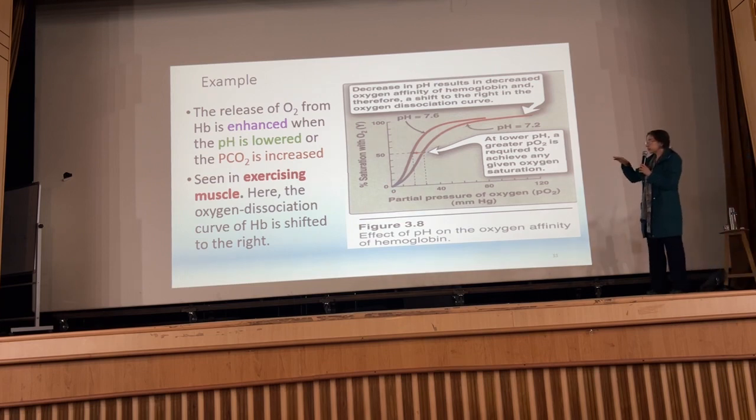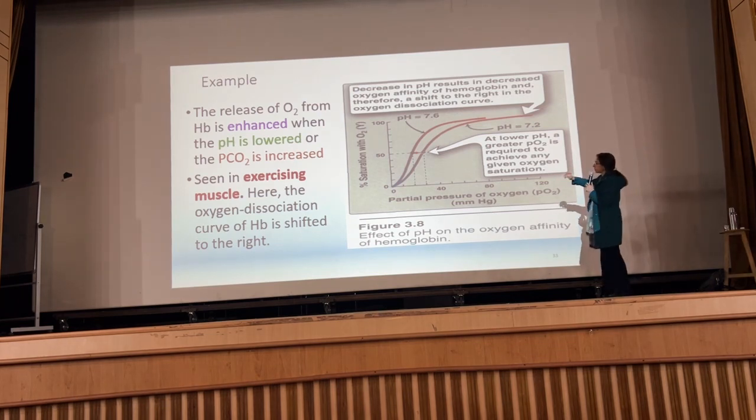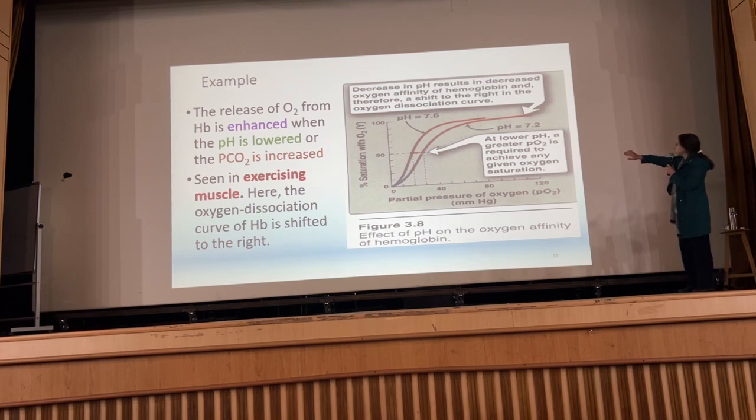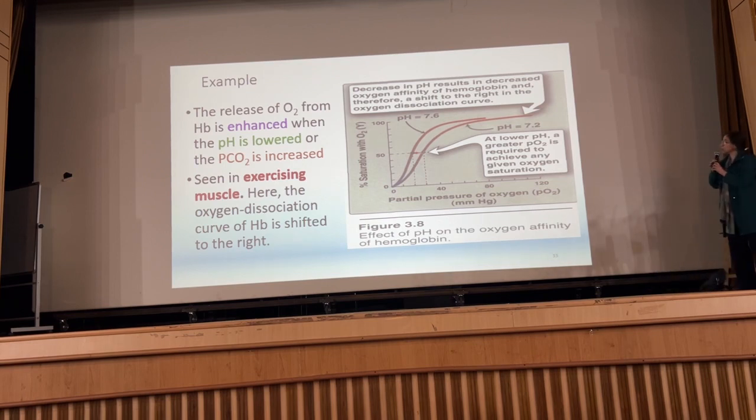So here the oxygen dissociation curve of hemoglobin is shifted to the right, as you can see here. A decrease in pH results in decreased oxygen affinity of hemoglobin, and therefore it shifted to the right.